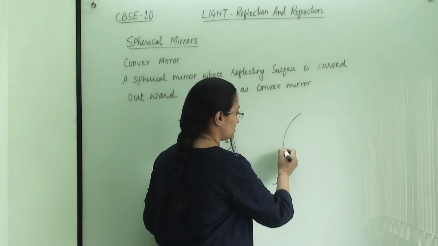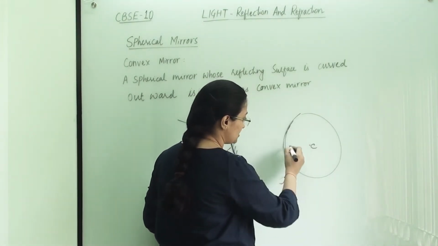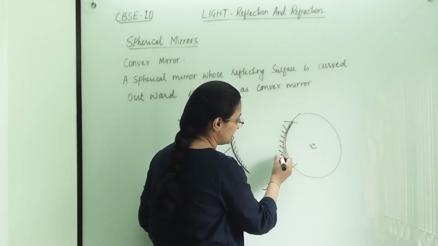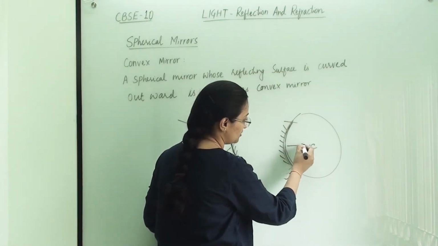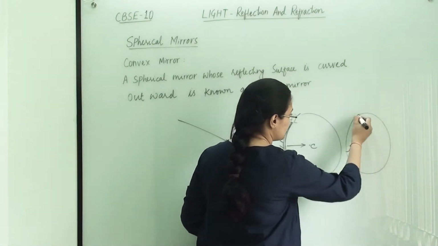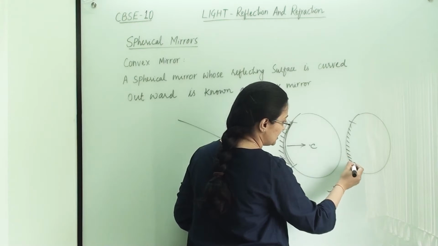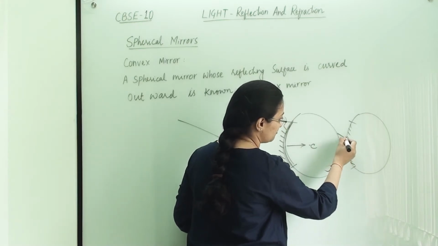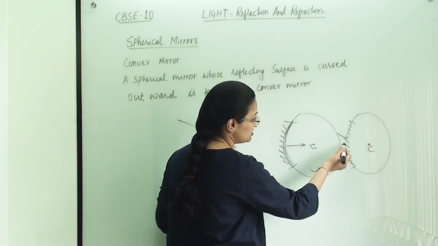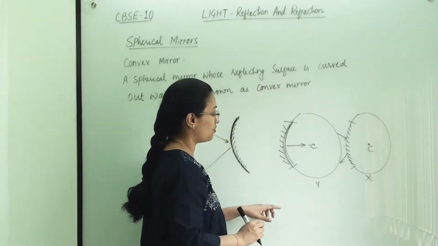If we talk about the sphere, this is the center of the sphere. If we take this piece as a spherical mirror and polish towards this side, then it is a concave mirror, whose face is towards the center. But if we take the same piece and polish the outer surface, and use this surface as the reflecting surface, then it is a convex mirror, and the other is a concave mirror.